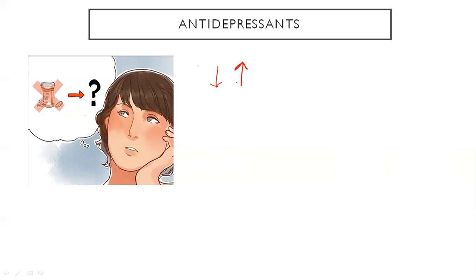There are three types of antidepressants. First, selective serotonin reuptake inhibitors. We are blocking the reuptake of serotonin so that it stays available, so there is less recycling of these molecules.